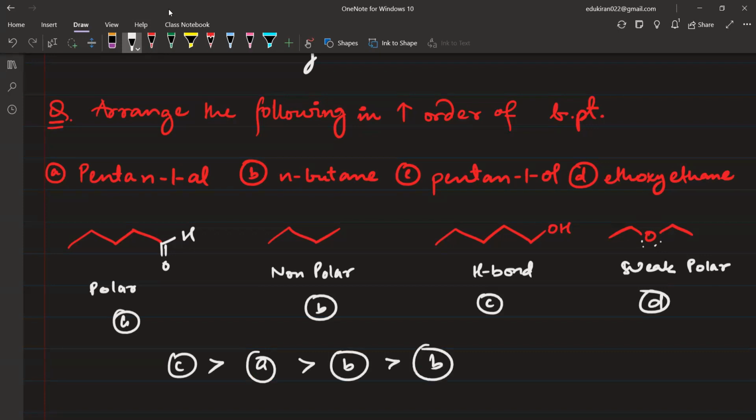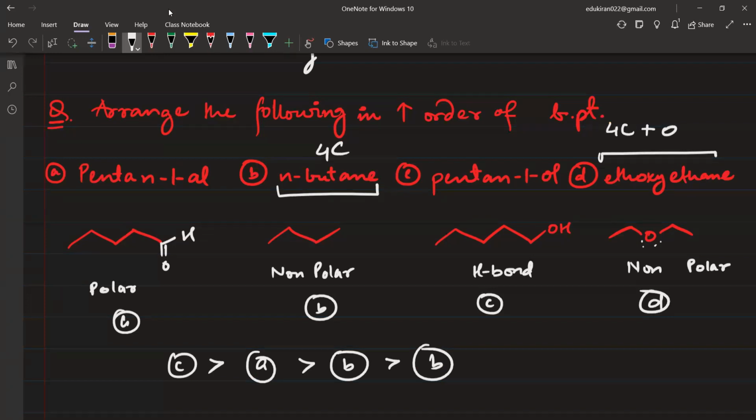Also, this question is in NCERT. Even if you keep this as non-polar, the molar mass of butane is less than ethoxyethane. Why, sir? Because here we have only 4 carbon atoms, while in ethoxyethane we have 4 carbon atoms plus 1 oxygen atom.